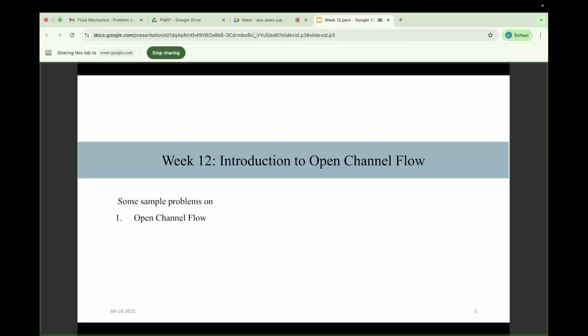If you are talking about a river, you see that the free surface of the liquid is exposed to the atmosphere, and the water is continuously flowing. This type of flow is known as open channel flow, and it is very important for civil engineering students, right? So please follow this course; it is quite significant.